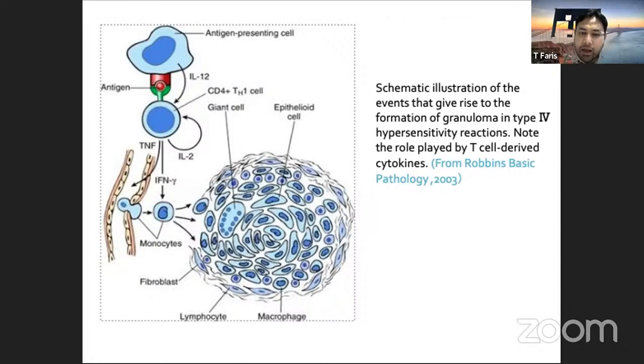You can see a mixture of immune cells like lymphocytes, macrophages, and normal cells like fibroblasts, epithelial cells, giant cells, natural killer cells, they all come into action. But each of these cells has its own way of tackling the antigens. It depends on what type of signals they receive.